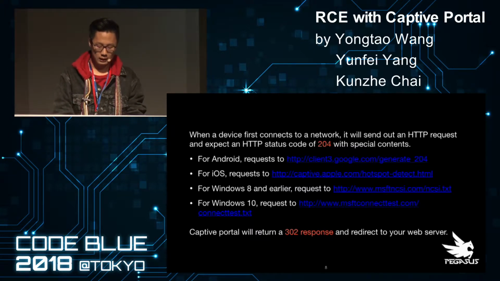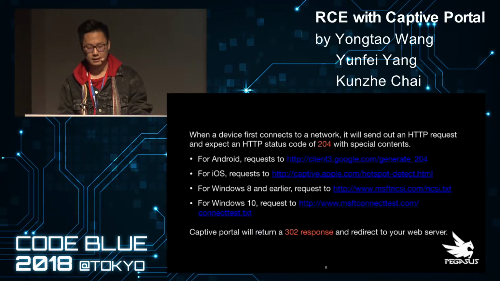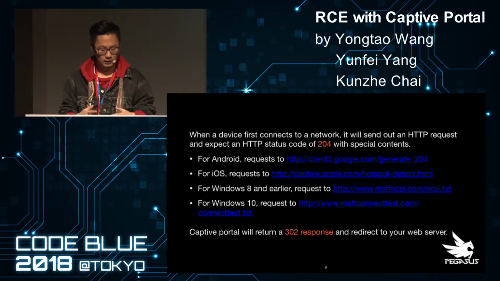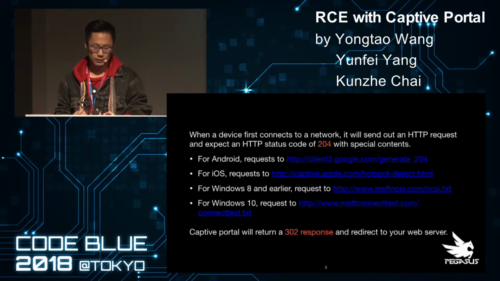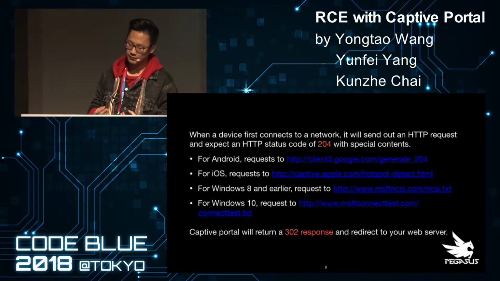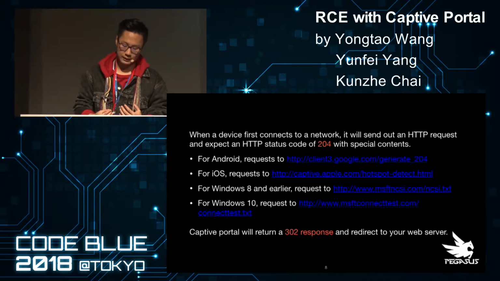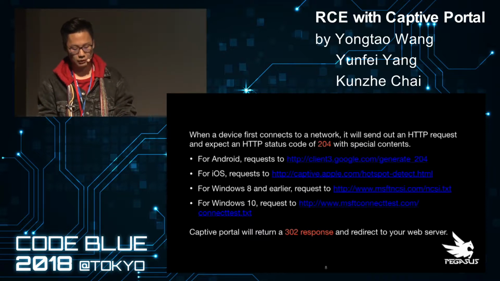For Android, it will request a link of Google. For iOS, it will request a link of Apple. So if we want to enable the captive portal, we will not let your phone receive the 204. We should return a 302 response directly to your captive portal web page.